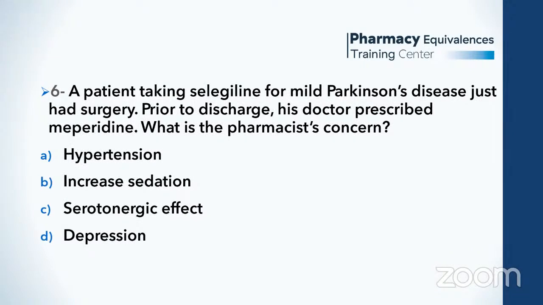Another question. A patient taking selegiline for Parkinson's. What is the selegiline? Selegiline is one of the MAO-B inhibitors, or monoamine oxidase type B inhibitor, which is present in the brain.